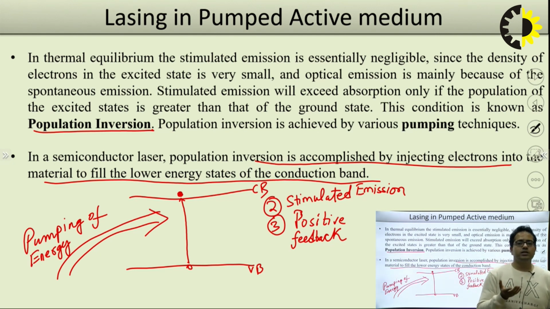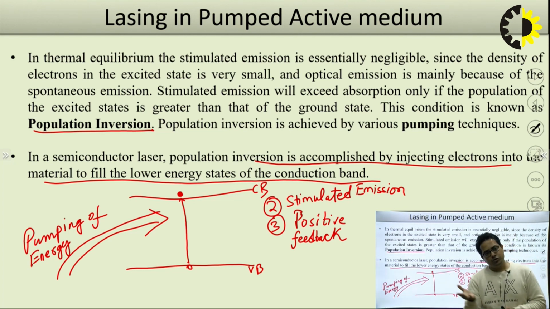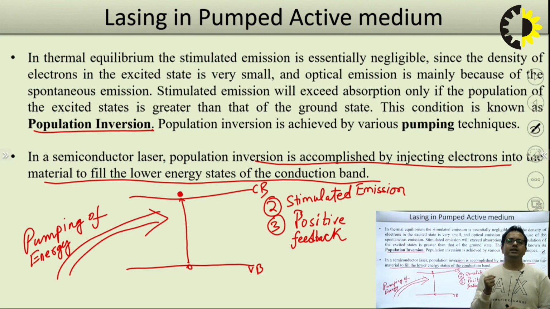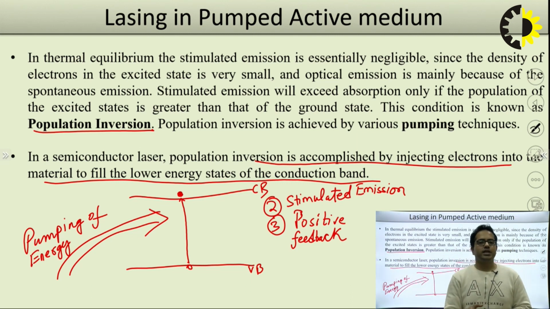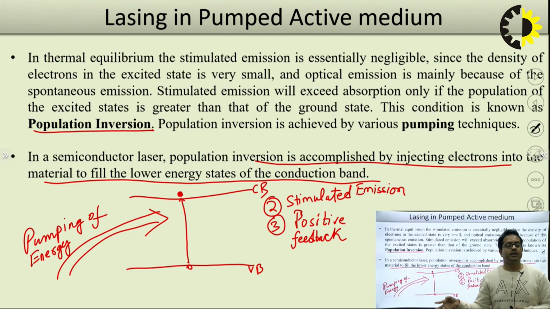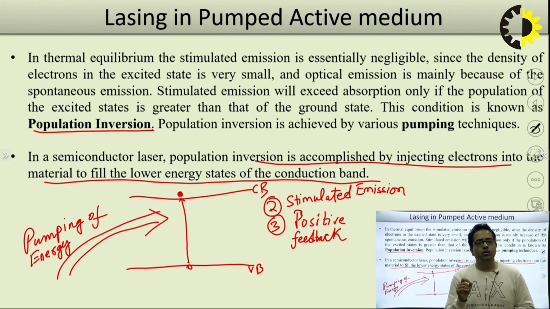The second process is stimulated emission. How does stimulated emission take place? As most of the electrons are present in the conduction band, whenever you hit an electron with a photon of energy exactly equal to the band gap of that material, the electron will try to move to its stable state, that means the ground state, in which we already have holes, vacancies of electrons.